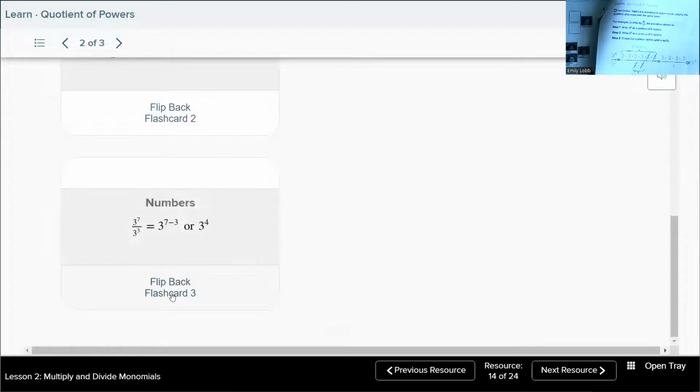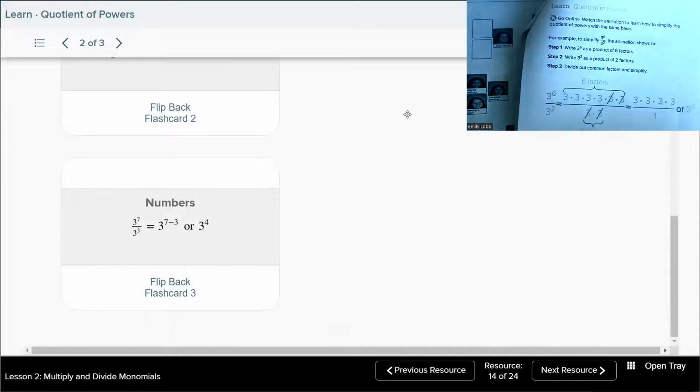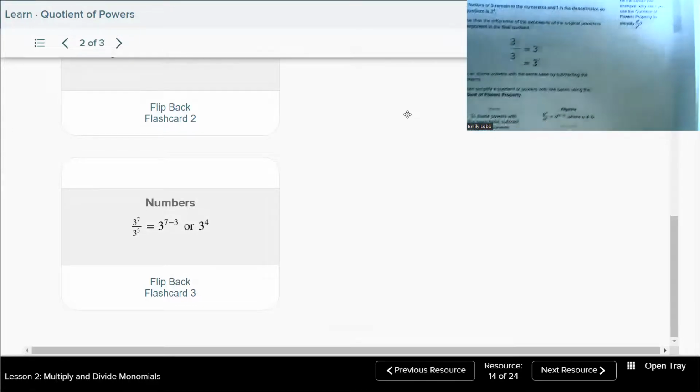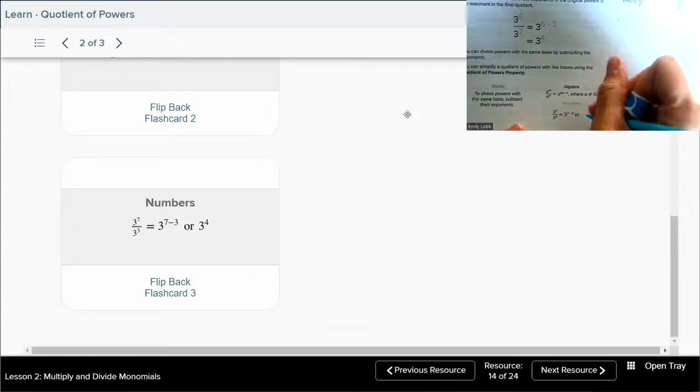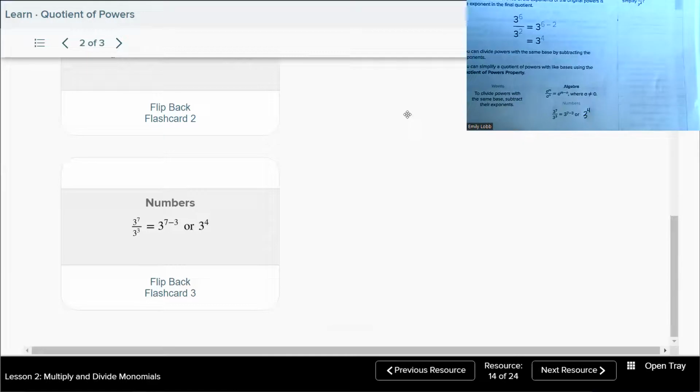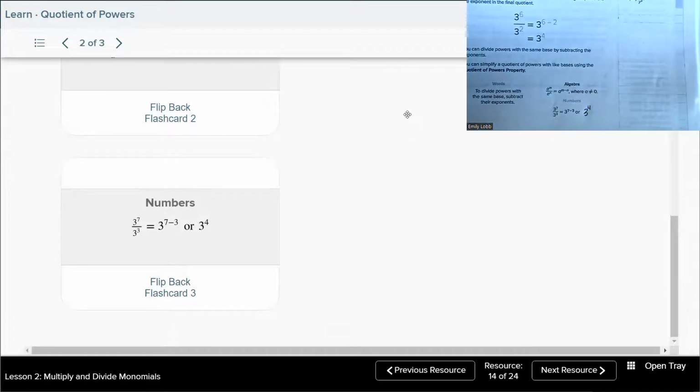And finally, showing you with numbers, 3 to the 7th divided by 3 to the 3rd is 3 to the 7th minus 3, or they would like you to write in there 3 to what power? What's 7 minus 3? It is 4. So right here on the bottom of page 17, we're writing 3 to the 4th. Okay? That was the only thing you guys had to write there.